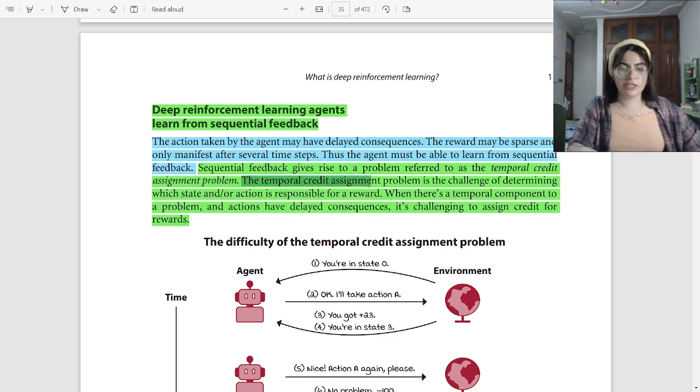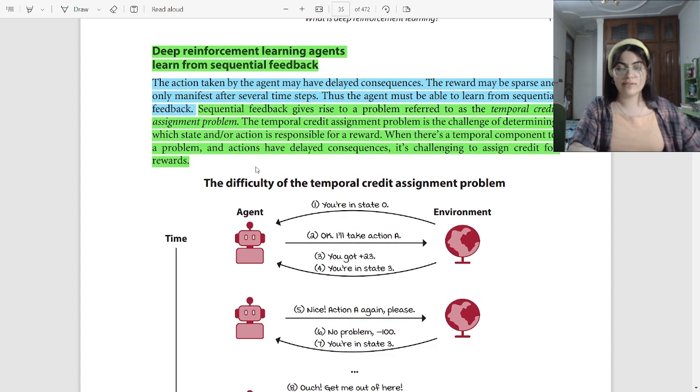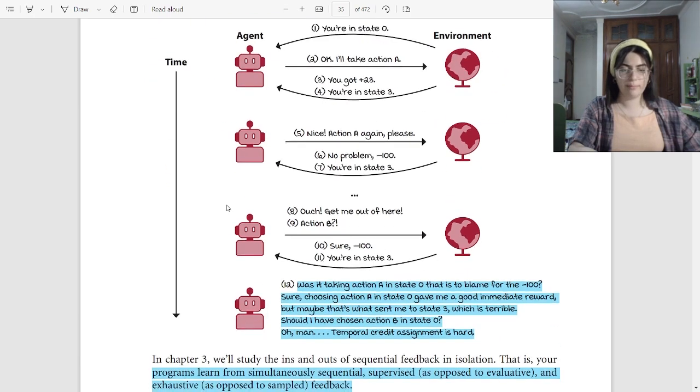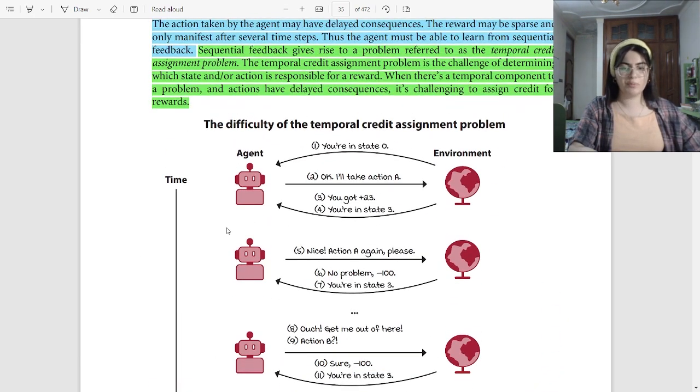The temporal credit assignment problem is the challenge of determining which state and/or action is responsible for a reward. When there is a temporal component to a problem and actions have delayed consequences, it's challenging to assign credit for rewards. For example, think about this specific picture.